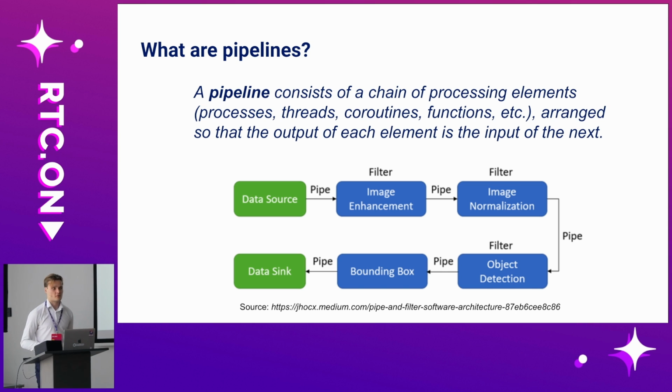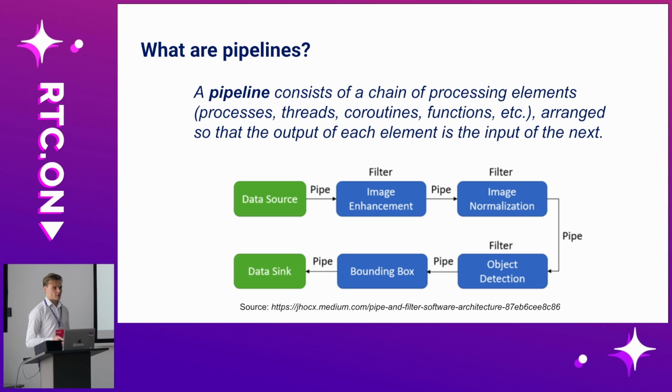So I have found a nice definition, and I would like to quote it. A pipeline consists of a chain of processing elements, which can be processes, threads, coroutines, functions, arranged so that the output of each element is the input to the next. As you can see in this picture, we have some kind of data source that reads the data from the outside world, then a couple of processing elements, and finally some kind of data sink that is capable of writing this data to the outer world.